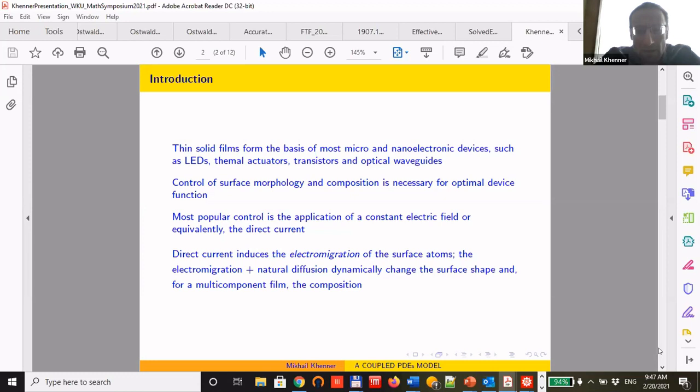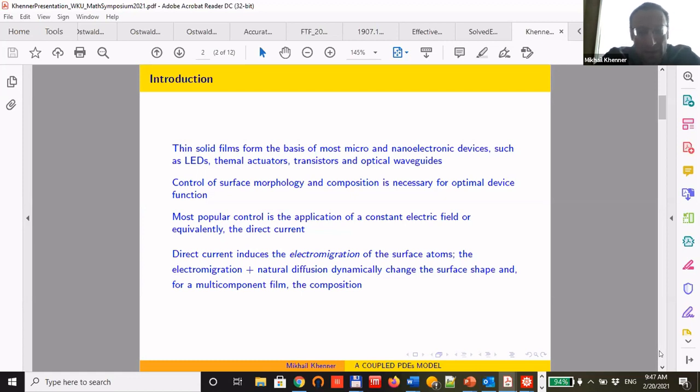The most popular control in these applications is by a constant electric field, or equivalently the direct current. The effect of the current is that it induces the electromigration of the surface atoms. I will describe electromigration in a second. It's an interesting effect.